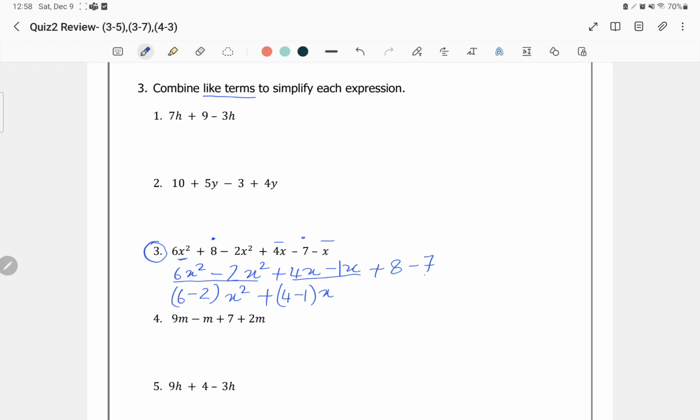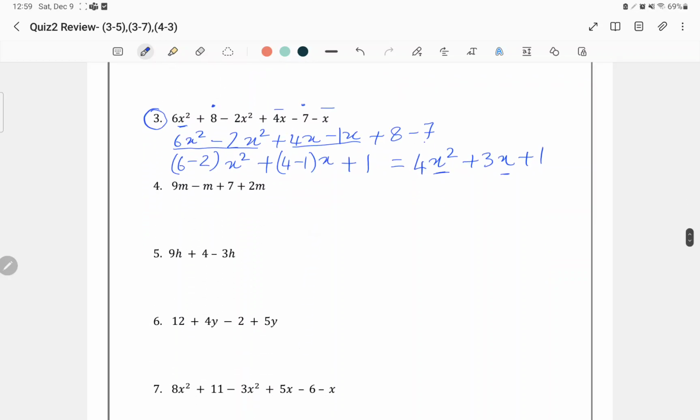Plus 8 minus 7, which is plus 1. So our final answer will be 6 minus 2 is 4x square plus 3x plus 1. We stop here because x square is one variable, x is another variable. They are not the same. Here the value of x is x to the power of 2.